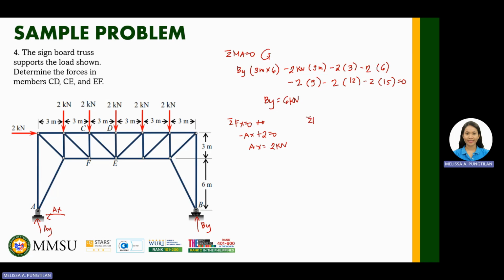And taking the summation of forces Y is equal to 0, upward positive. We have AY plus BY minus the external forces, 2 minus 2 minus 2 minus 2 minus 2 is equal to 0. BY, 6 kilonewton. Therefore, AY is equal to 6 minus 1, 2, 3, 4, 5 minus 10. So, we have 4 kilonewton.